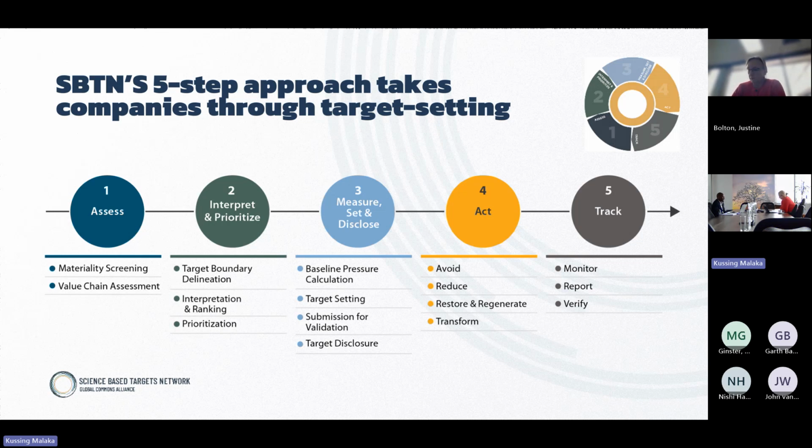Step 5 will be monitor and verify. Step 1 is quite important because everything that follows comes from step 1, so we really need to get step 1 correct.